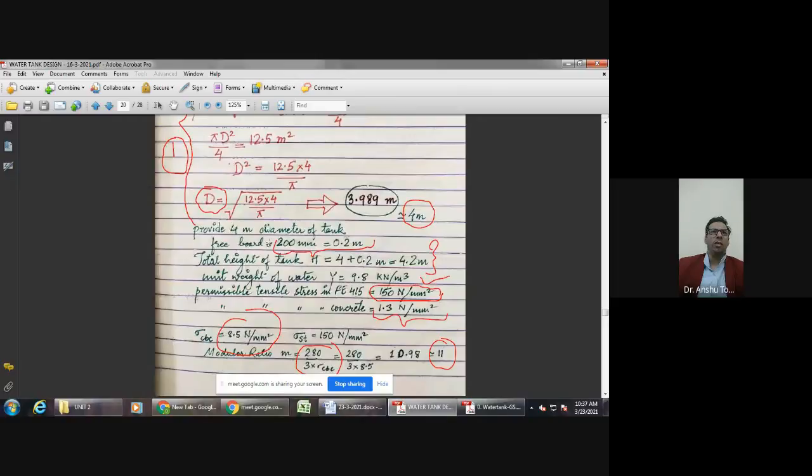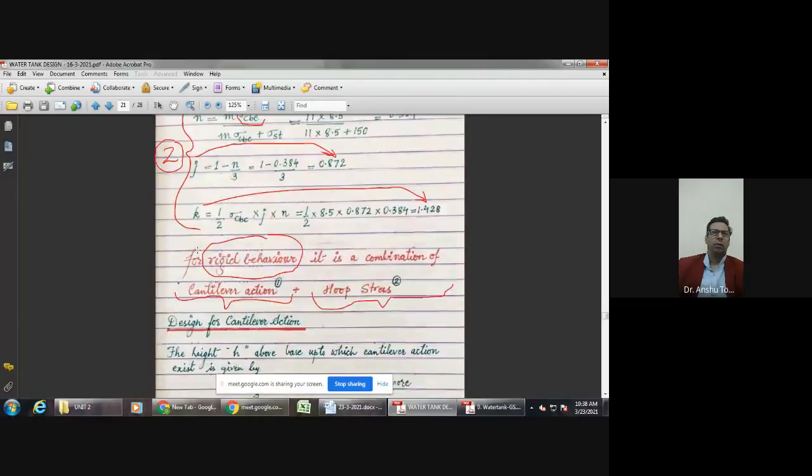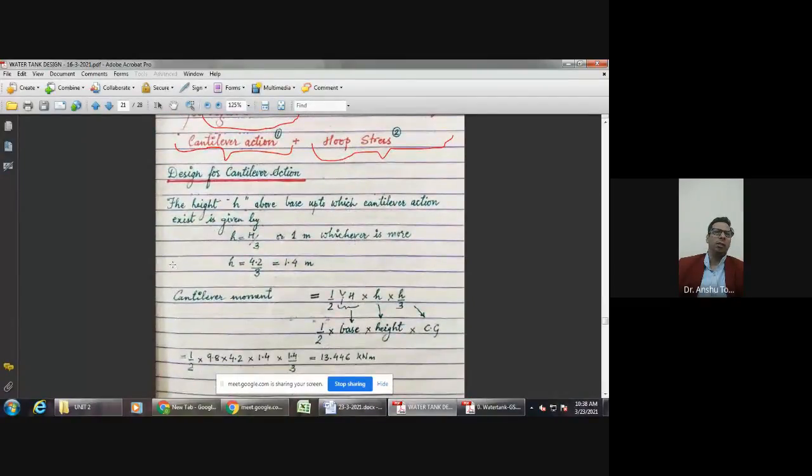Finding out the constants corresponding to the problem becomes step 2. And finding out the moment becomes step 3. You will find separately, first the cantilever moment, then the hoop tension.